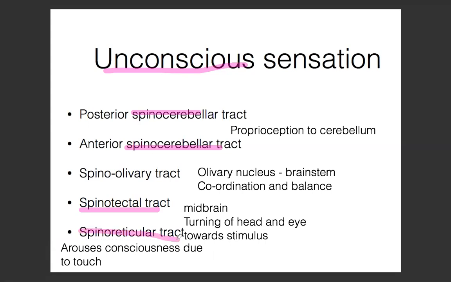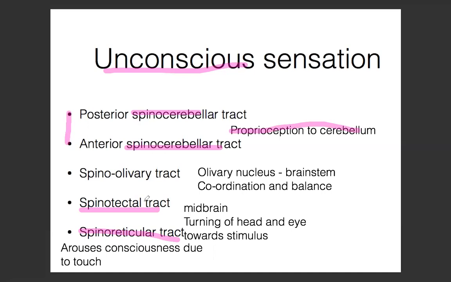Okay, here's the thing. For all these tracts, you don't need to memorize their functions. The most important two are the ones at the top, the posterior spinocerebellar and anterior spinocerebellar. You need to understand that their function is proprioception to the cerebellum. The other three are not as important. I would not stress myself out with them.